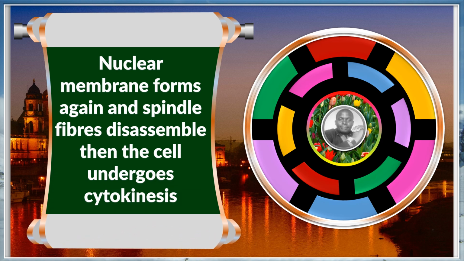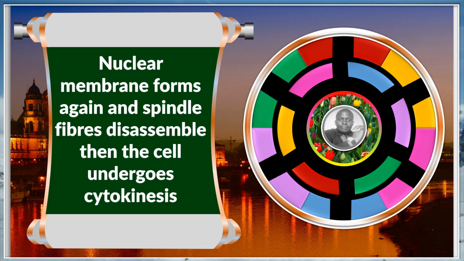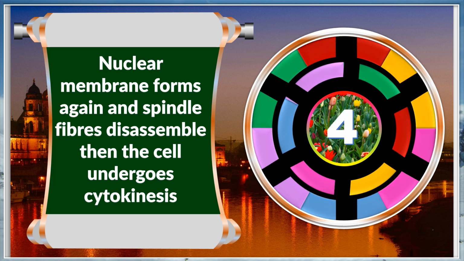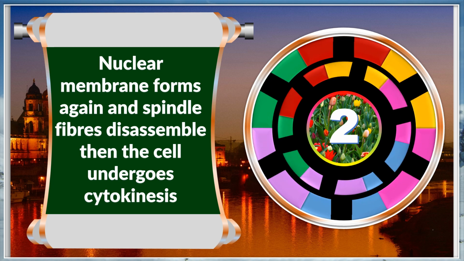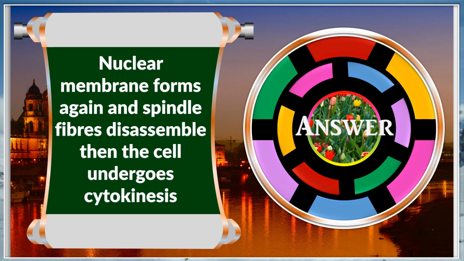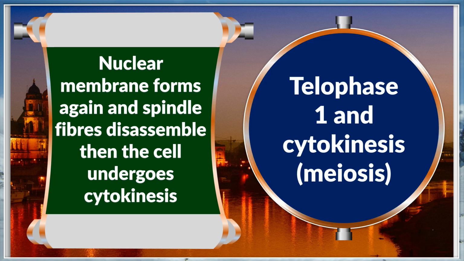Nuclear membrane forms again and spindle fibers disassemble. Then the cell undergoes cytokinesis. Telophase 1 and cytokinesis in meiosis.